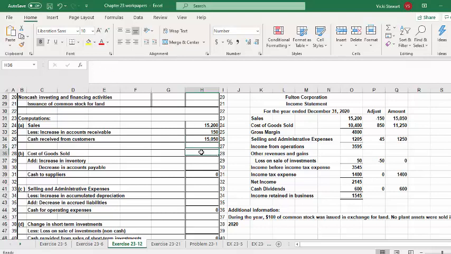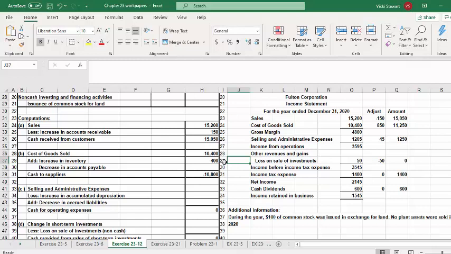The next item that needs to be adjusted on the income statement is cost of goods sold, shown as $10,400. The comparative balance sheet showed that inventory increased by $400 from 19 to 20, so that is an additional cash that has been spent for inventory that would not be included in cost of goods sold.